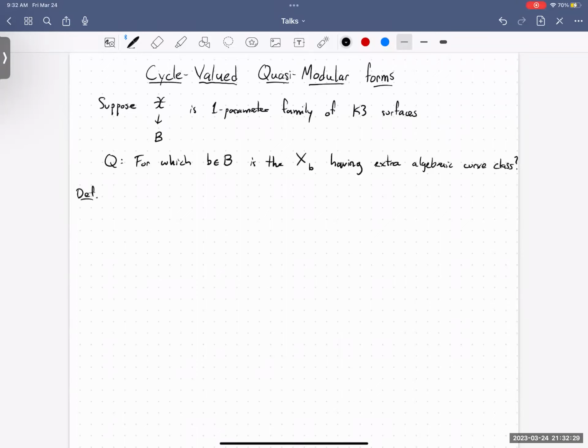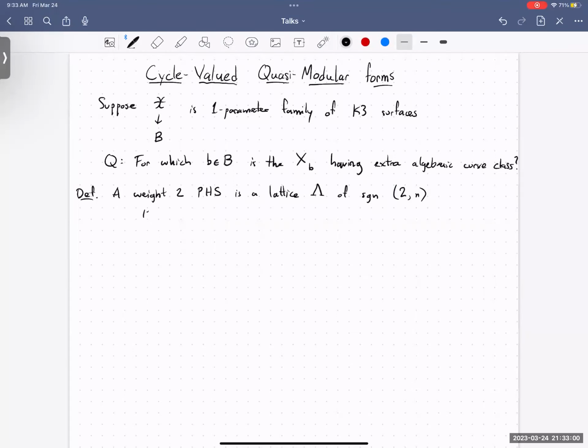So it's all about the polarized Hodge structure on the middle cohomology. A weight 2 polarized Hodge structure is going to be a lattice Lambda, first of all. You should think of this as the polarized middle cohomology, of signature (2, n).